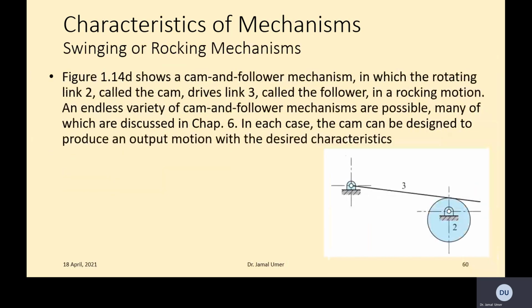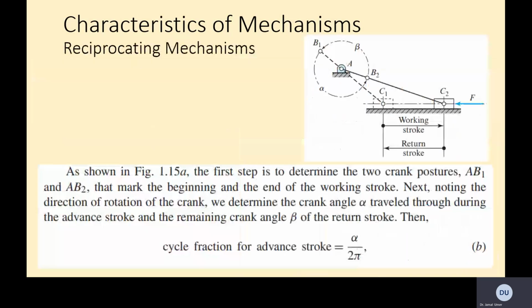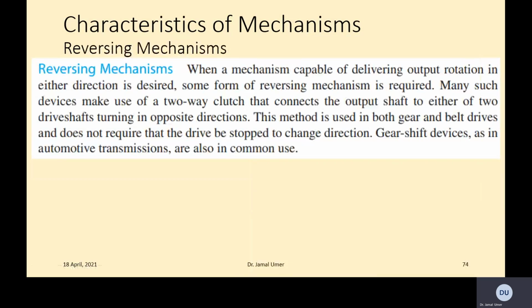And after reciprocating mechanism, along with solving a problem, the other famous category is reversing mechanism. When a mechanism capable of delivering output rotation in either direction is desired, some reversing mechanism is required. So basically the reversing mechanism is able to do work in both directions, forward and reverse.